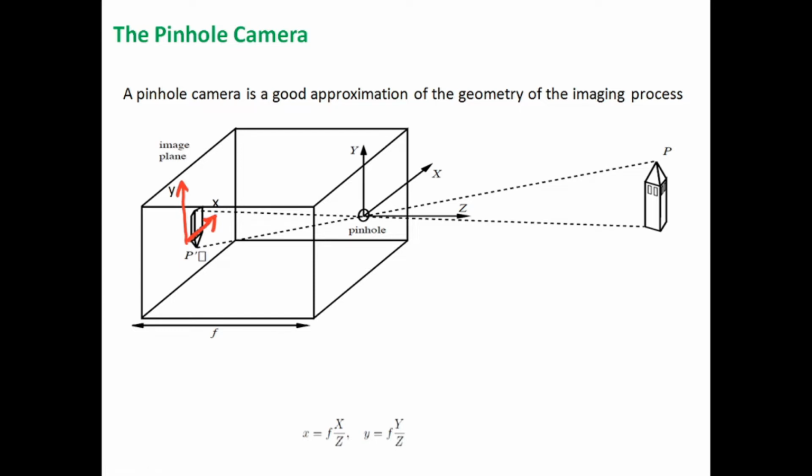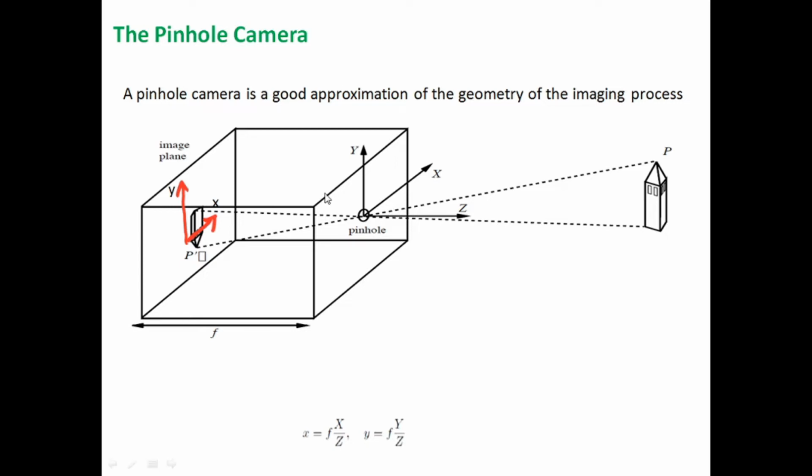The retina has two types of photoreceptors, those are rods and cones. These rods are responsible for monochromatic vision and the cones are responsible for color vision.